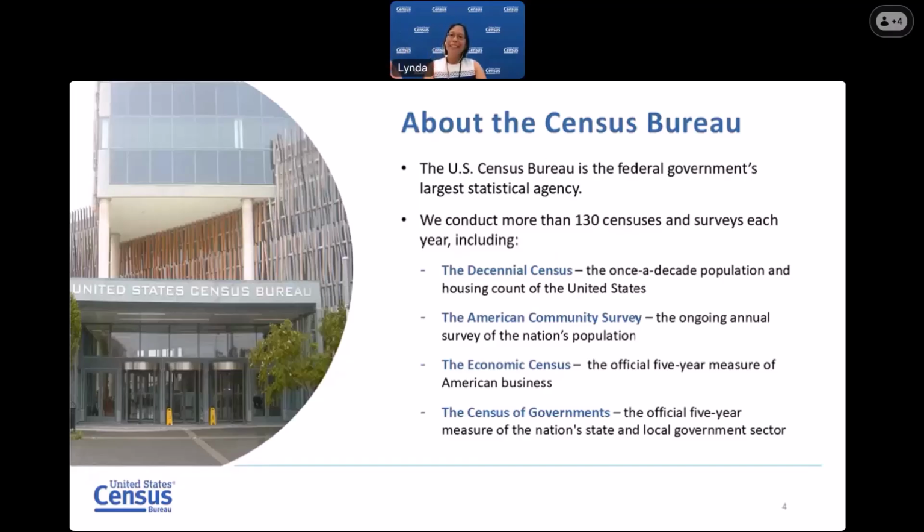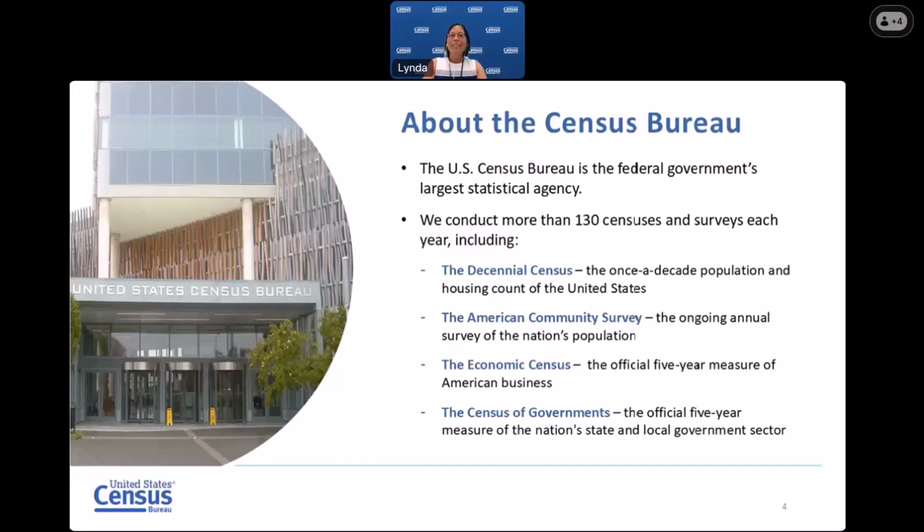Now, on the business data side of the house, we have the economic census. This is the official 5-year measure of American businesses that is conducted every 5 years, ending in 2 and 7. It is the most comprehensive source for business data, and it is used for benchmarking our other business surveys and programs. Now, the economic census also has a public sector counterpart called the Census of Governments.